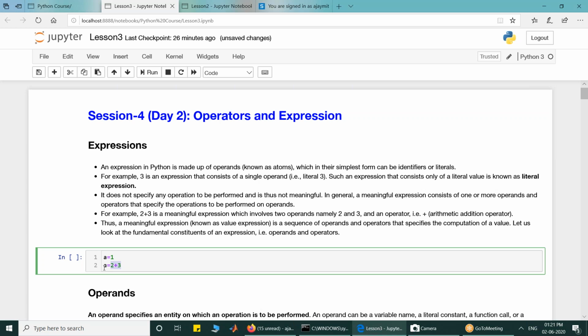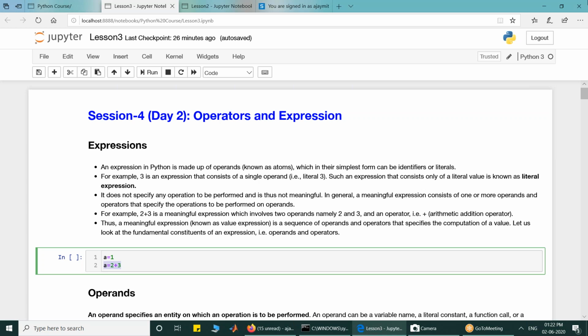The purpose of an expression is to do computation, and I want to tell you that in Python, this equal to is not an operator. If you go through the documentation of Python, assignment in Python is a statement. So the highlighted portion, a is equal to 2 plus 3, is an assignment statement.